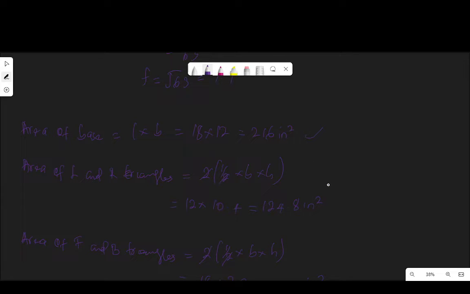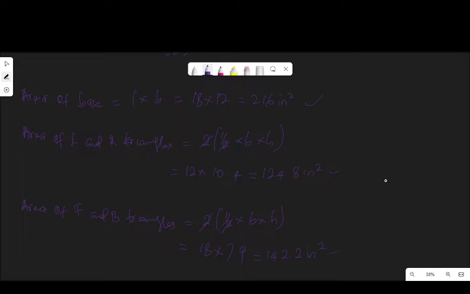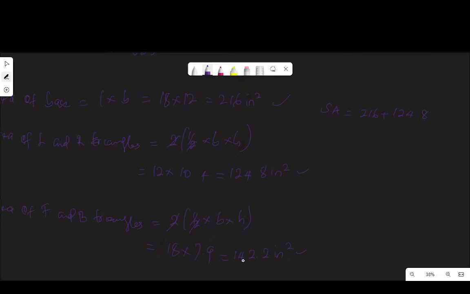This is the base, this is the left and right triangle, and this is the front and back triangle. So surface area of this pyramid will be area of the base, which is 216, plus area of left and right triangle, which is 124.8, plus area of front and back triangle, which is 142.2.